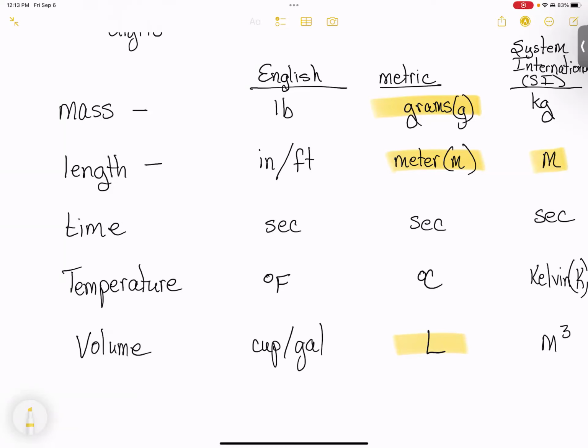But all of these things cannot be measured with a meter stick, which is what would be required in order to use the SI unit of meters cubed. Any questions about the units we use?